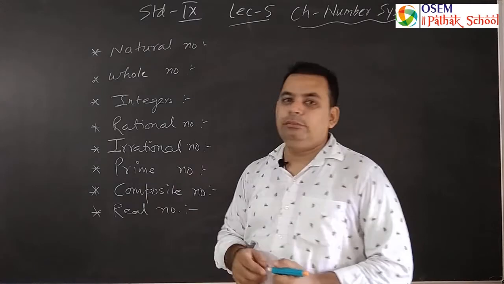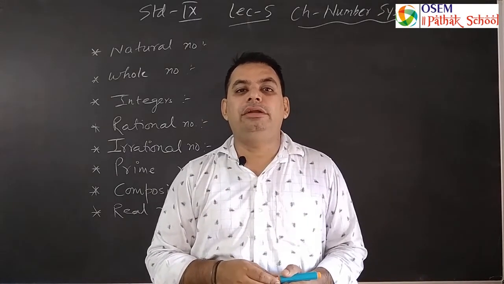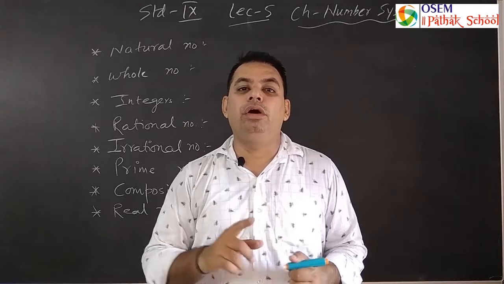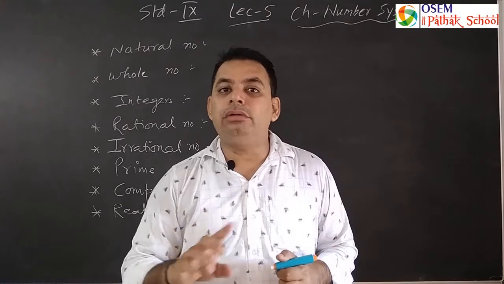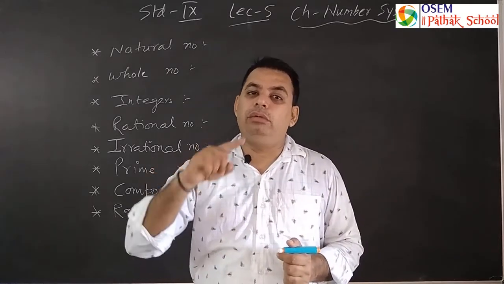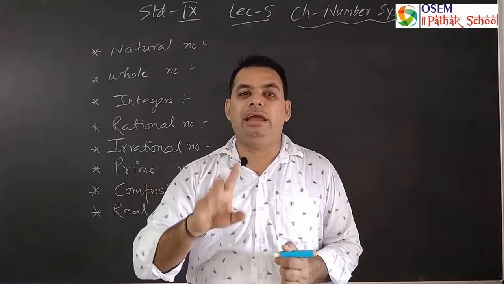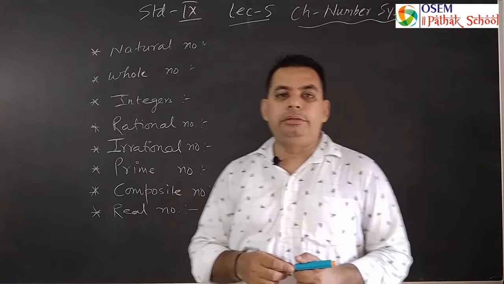Then what is a prime number? This is a small class concept. Prime numbers are the numbers that come in the table of 1 and itself. Those that come in their own table and the table of 1 are prime numbers. Like 3, 1 into 3: it came in the table of 1 and in its own table, then it is a prime number. Then what is a composite number?